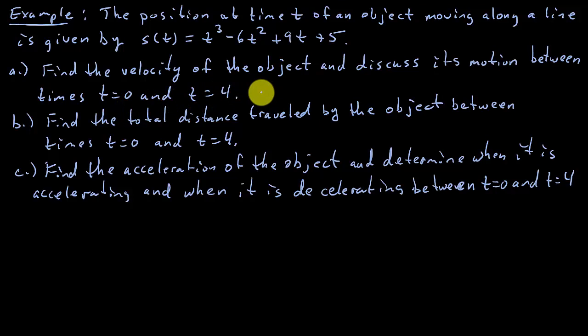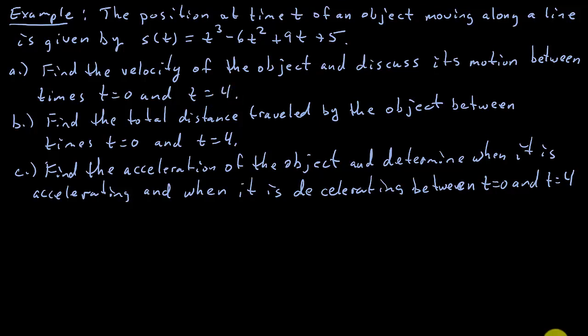So what we'll be discussing there is, is it advancing or is it retreating? Or when is it advancing and when is it retreating during this time interval here, t equals 0 and t equals 4.